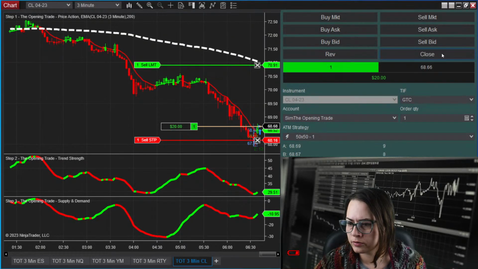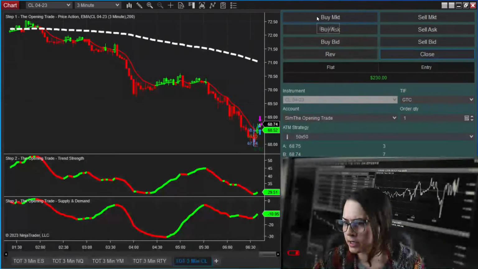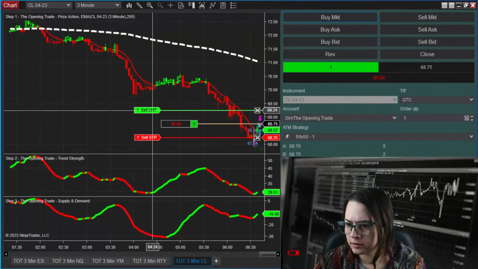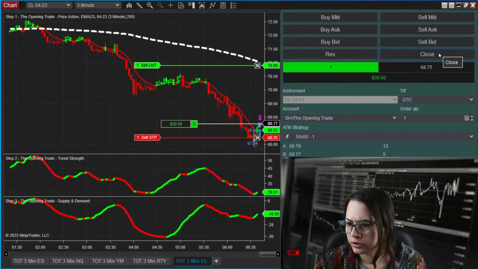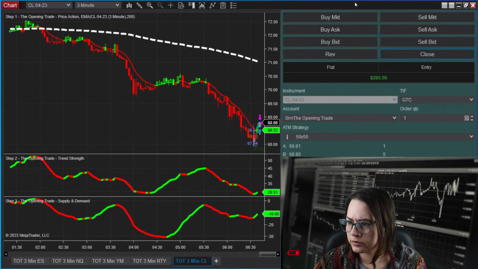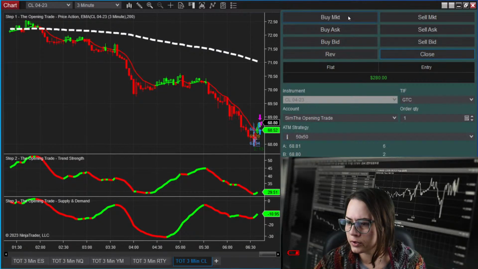Order filled. So scooped up some money, got right back in. This is manual trading. Getting ready to just take a couple of these manual trades here. Order filled. Again, just scooped up a little bit.